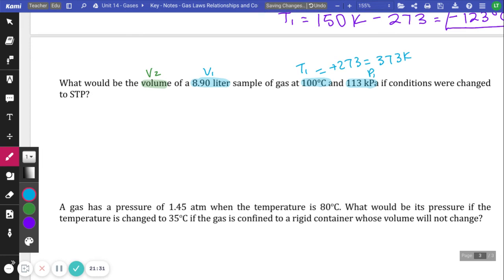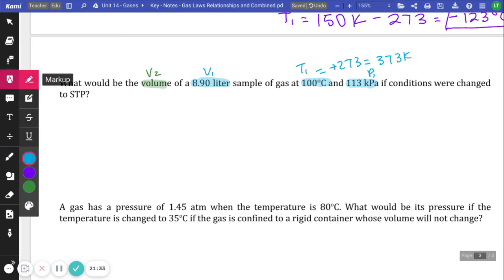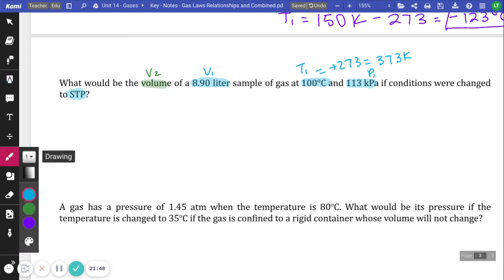If the conditions were changed to STP. So now you guys might be thinking, okay, well, we don't have all of our variables because we don't have P2 and we don't have T2. But we do, because if you remember, STP stands for standard temperature and pressure. So standard temperature is 0 degrees Celsius or 273 Kelvin, which will be our T2.